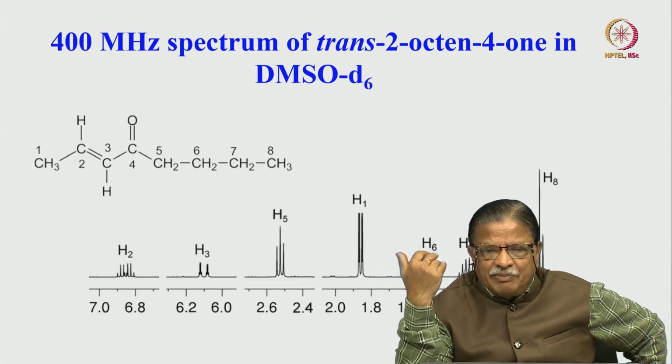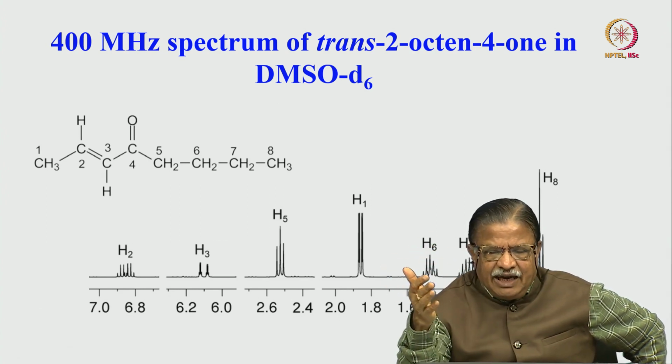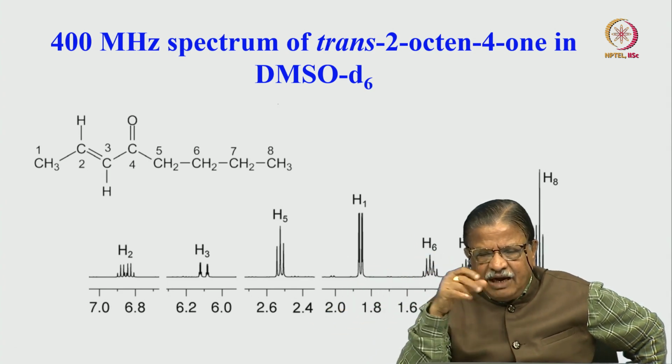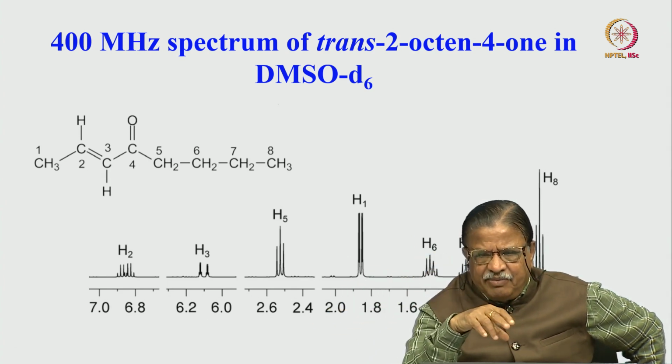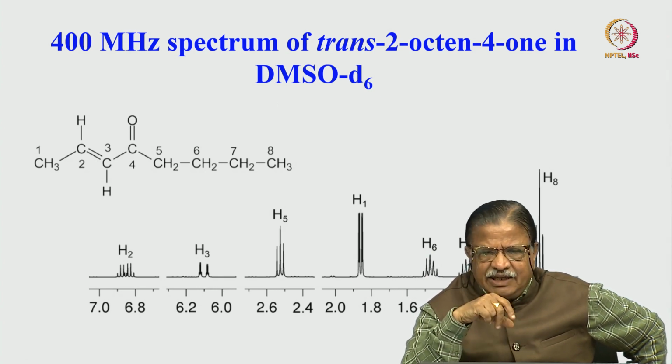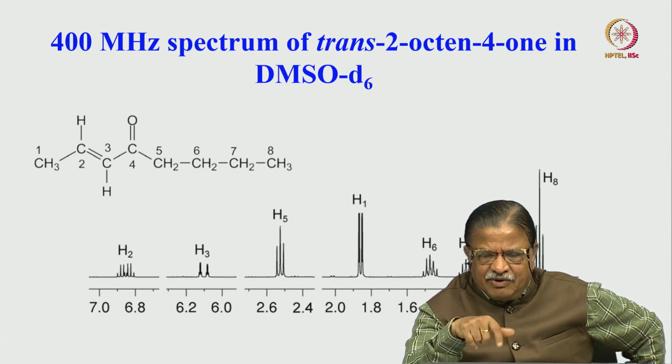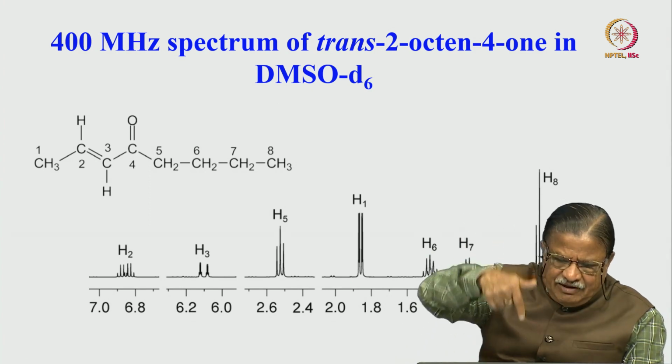I told you NOESY is the 3 pulse sequence, 90, t1, 90, mixing time, 90, start collecting the signal. And we saw in the t1 period the magnetization starts evolving. Then after a 90-degree pulse, one of the components of the magnetization vector goes to the minus z axis.